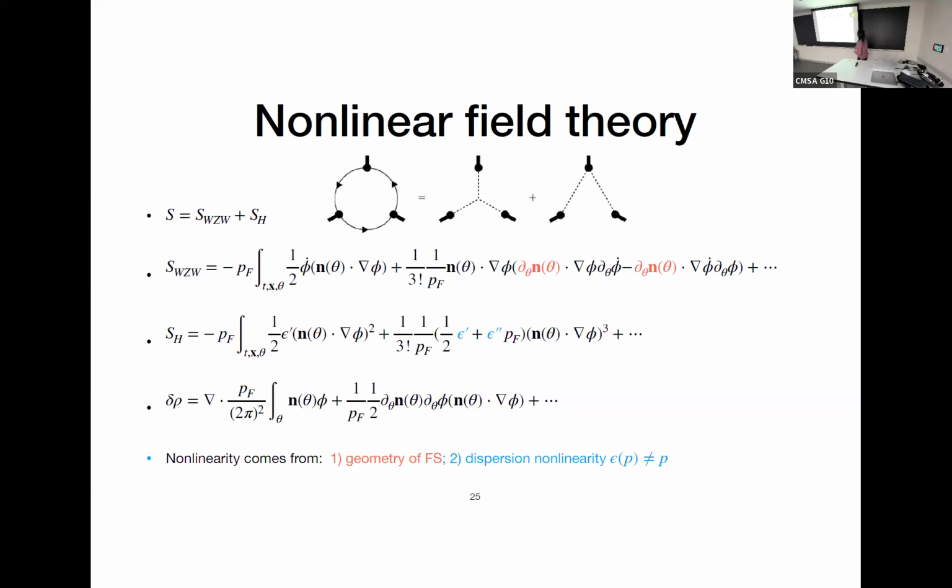And the second part is related to the Hamiltonian part. You can see here, this is the dispersion relation up to some derivative with respect to momentum. And we find that if we want to have the nonlinearities, we have to have the dispersion to be nonlinear. Okay. So here gives us some flavor of how these nonlinearities jump in.